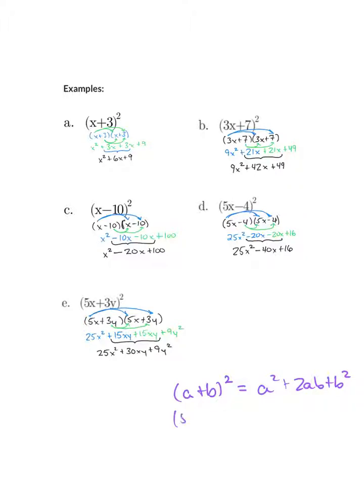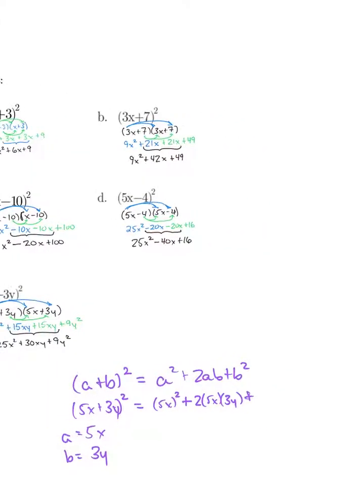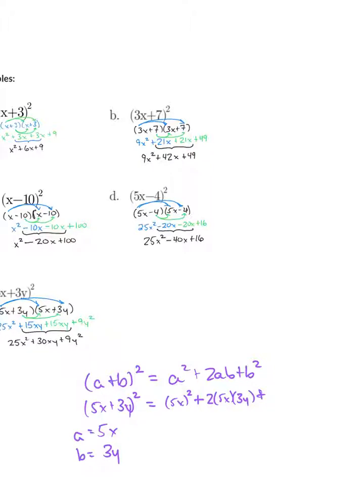If we have 5x plus 3y squared, what does this mean? This means that a equals 5x and b equals 3y. So we're going to square 5x, plus 2 times 5x times 3y, plus 3y squared.